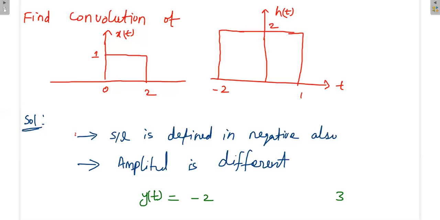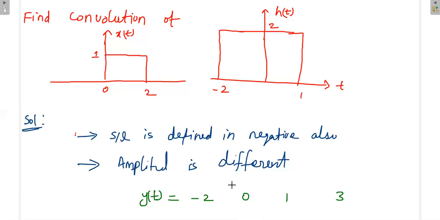Then what are the next limits? 0 and 1: 2 minus 2 is 0, and 0 plus 1 is 1, then finally 3. That means from minus 2 to 0 is one limit, from 0 to 1 another limit, from 1 to 3 another limit. Outside 3 the answer will be 0, and when time is less than minus 2, the answer is also 0. So now these are all the limits.